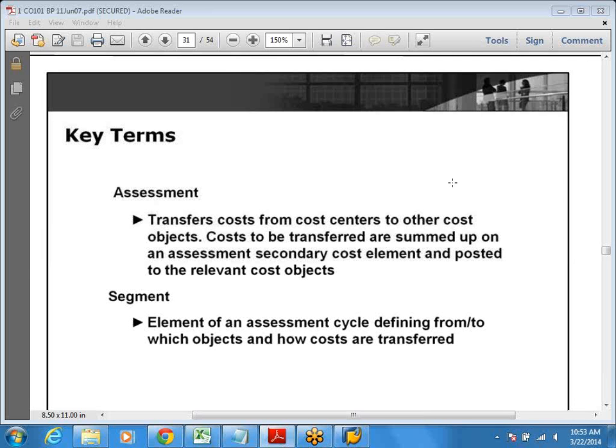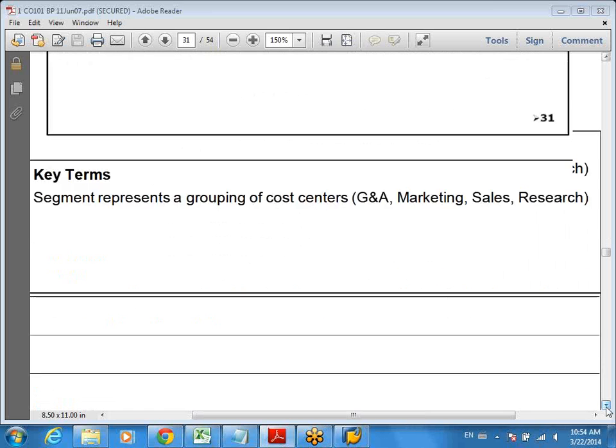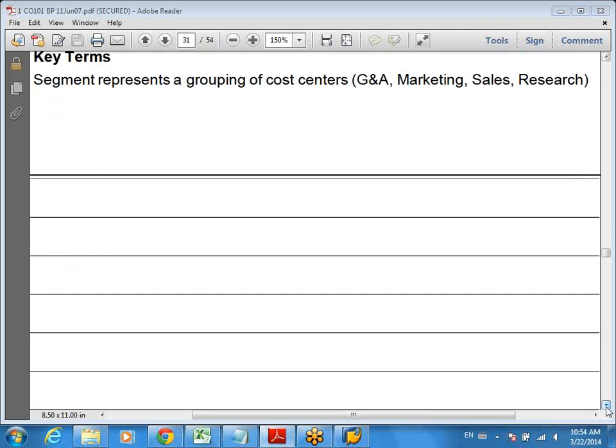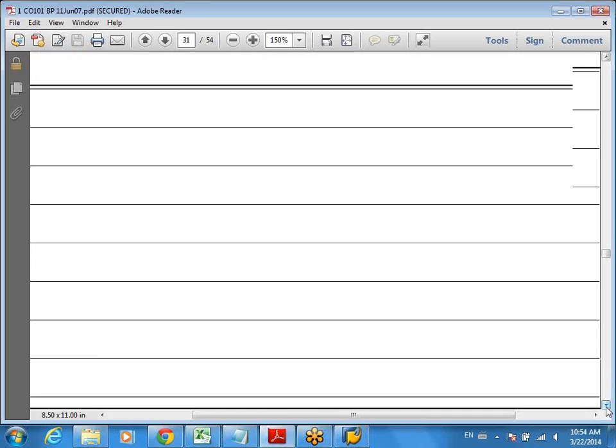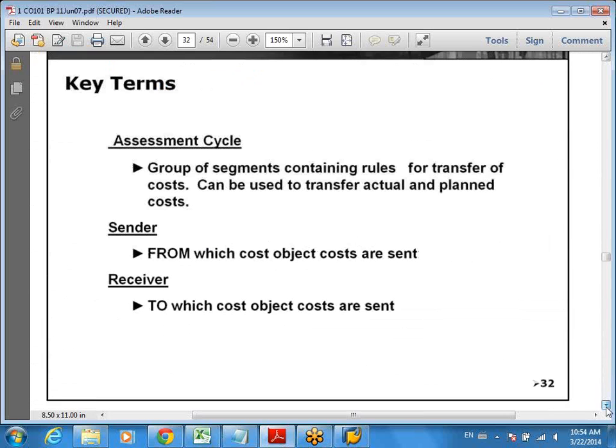A segment is an element of the assessment cycle defining the two object, which object and how the costs are transferred. So how are you transferring from one to the other? You can group the segments by, is it G&A, is it marketing, is it sales, is it research, which segment are you concerned about?